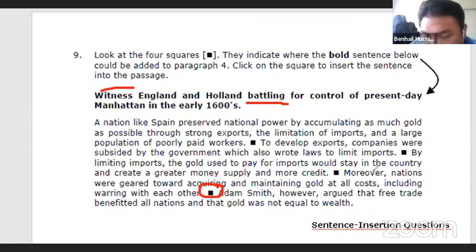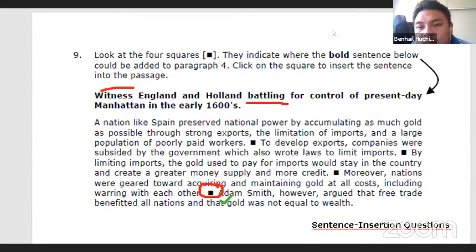So it belongs there. It actually belongs in square number 4, because the other three don't match correctly, or don't match very much. The idea is not understandable, like here. That's why this is the correct option.